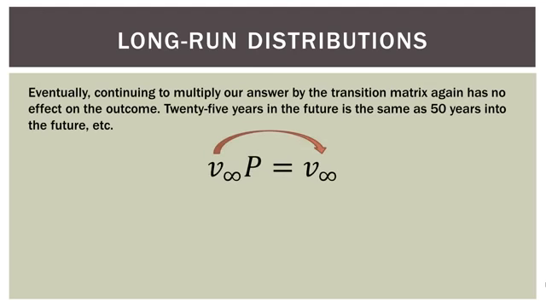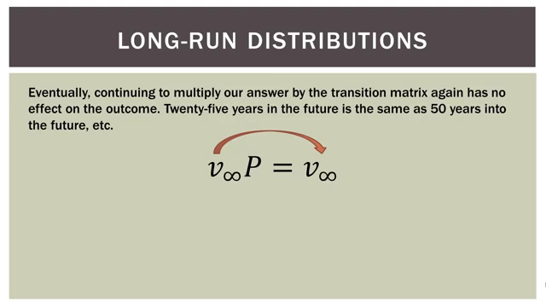So just a general idea before we get into that actually. Eventually continuing to multiply our answer by the transition matrix again and again has no effect on the outcome. So 25 years into the future is the same as 50 years into the future with respect to our auto insurance. And we had this general form here.